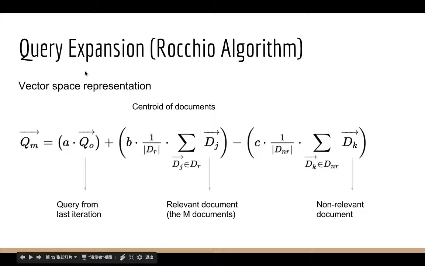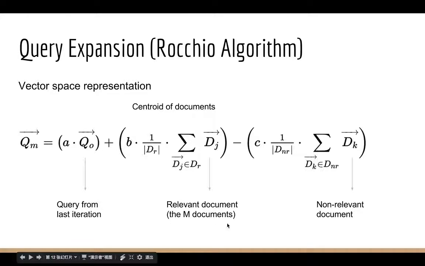One of the query expansion methods that we are using, and this is the main method we are using, is the Rocchio algorithm. I think most of you are familiar with the Rocchio algorithm. So the Q0 here is the query from the last iteration, and D is the relevant document.